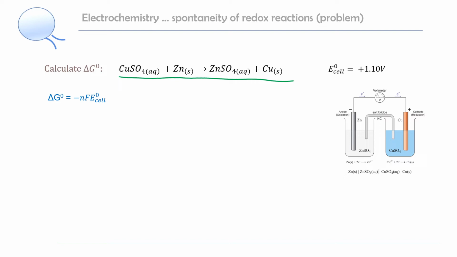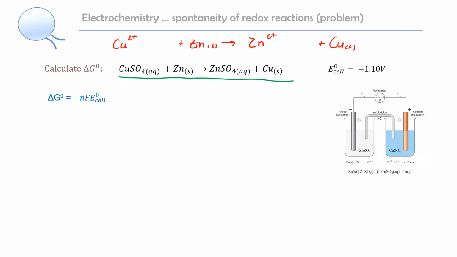So we really have copper ions and sulfate ions reacting with zinc metal to give zinc ions, sulfate ions, and copper metal. The sulfate ions are spectator ions, so I'm just going to take them out of here for now. Subtract that from both sides. So there's your overall redox process.